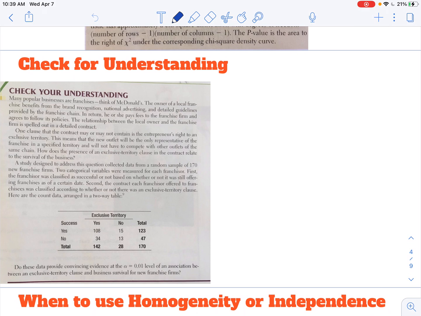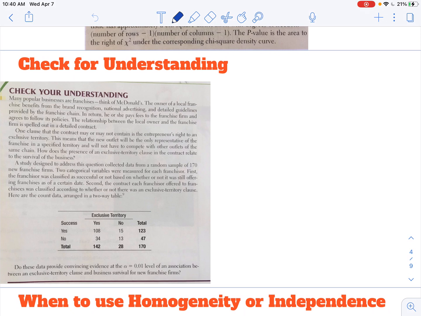So we can see here that just based on proportions, having an exclusive territory contract, just eyeballing this view, seems to have an impact. Of the 28 restaurants without an exclusive territory, 15 succeeded and 13 failed, so almost 50% failed.